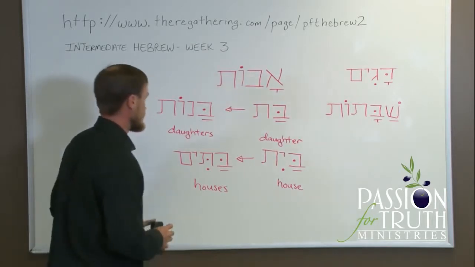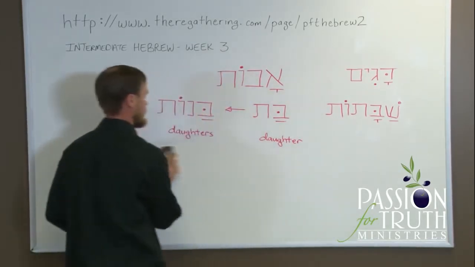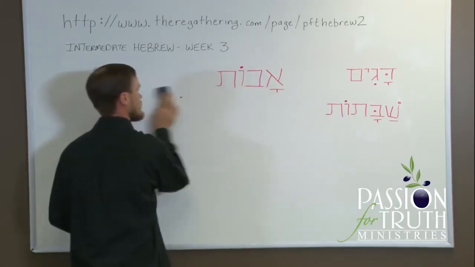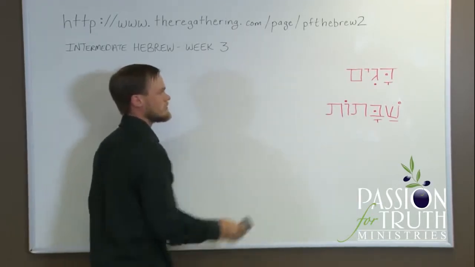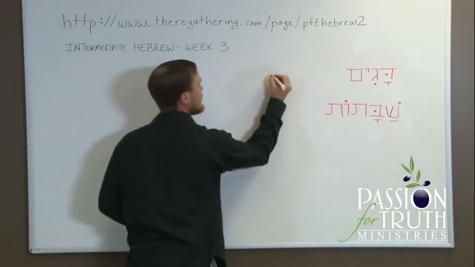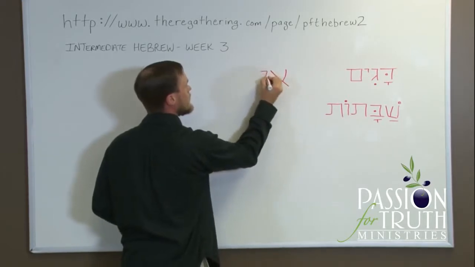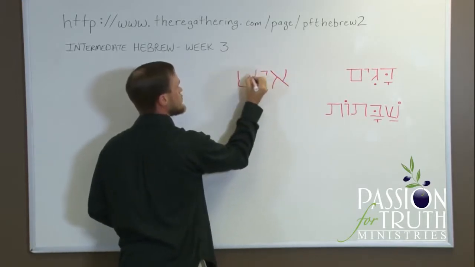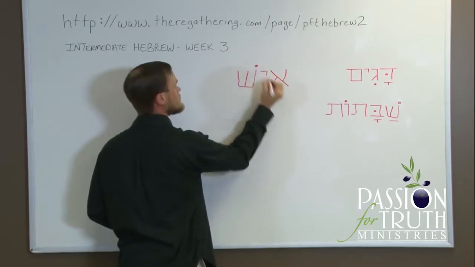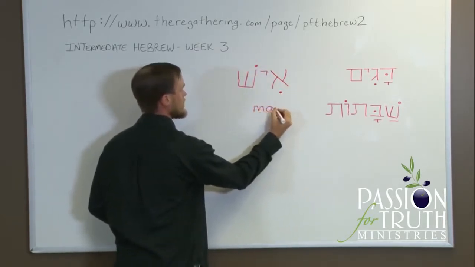And two other very significant words that have irregular plurals. Ish is a masculine noun. And ish is a man.